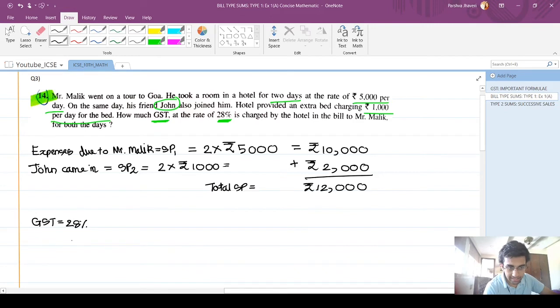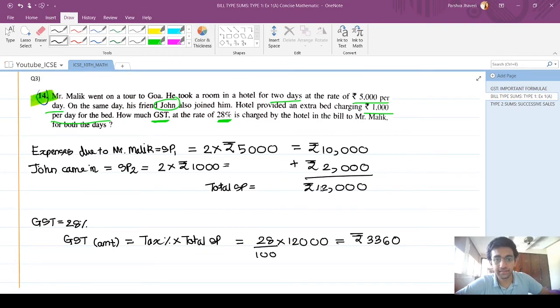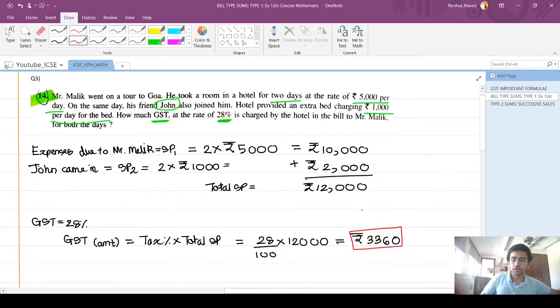So the GST amount is basically the tax percent into total SP, which is 28% into 12,000. And this is the answer. Notice here they asked you only for the GST. They didn't ask you for the bill amount or the net selling price. They have asked you only for the GST.